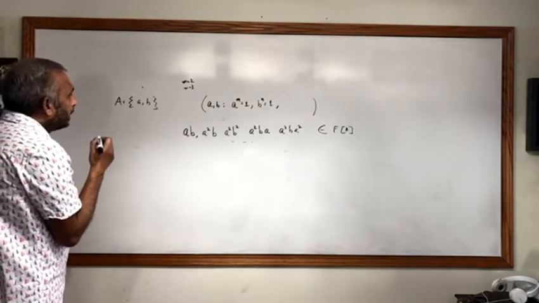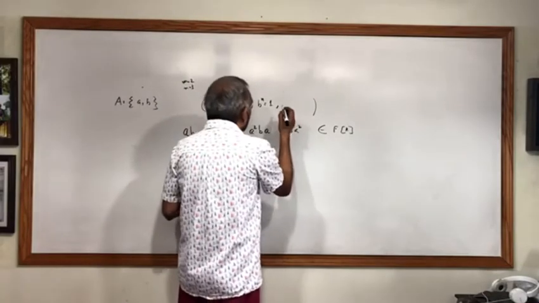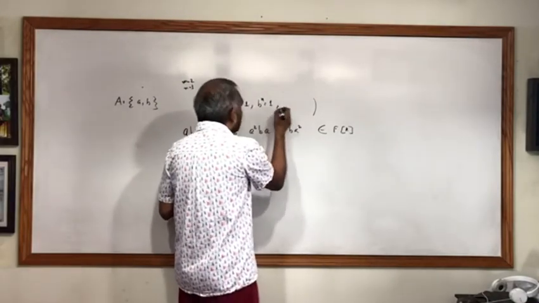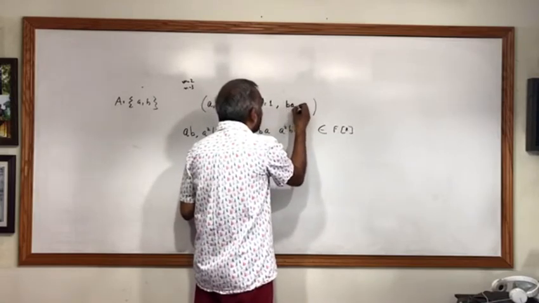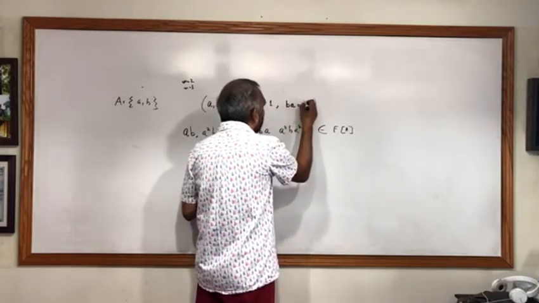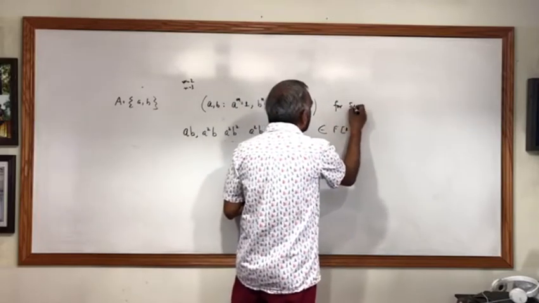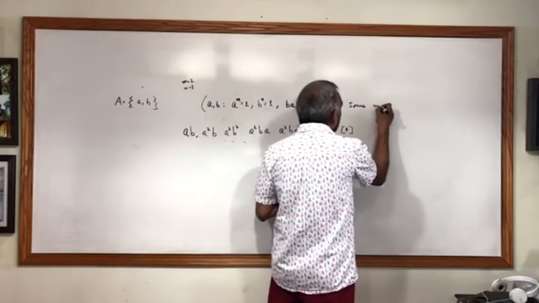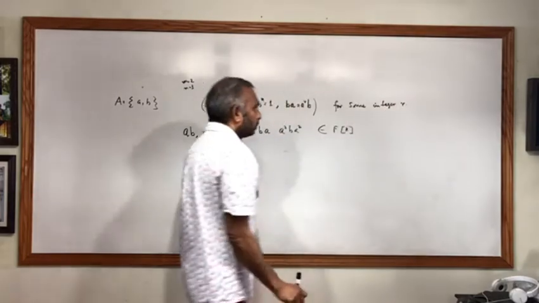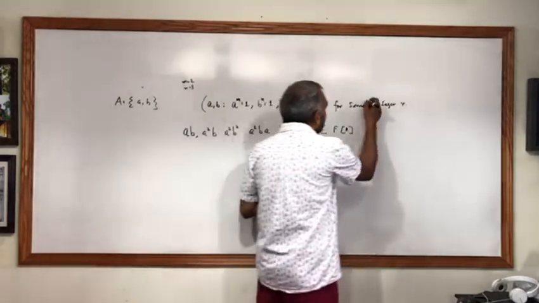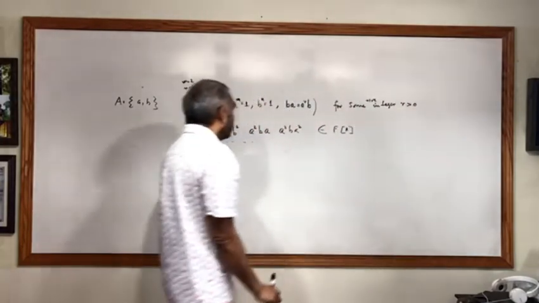So the idea is to create a relation between a and b in this form. I'll tell you why we are doing this. ba = a^r b for some positive integer r, greater than 0.